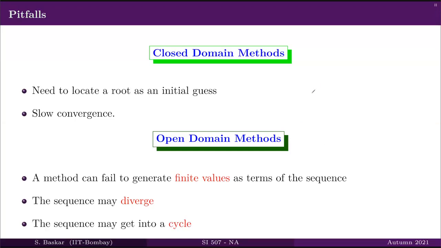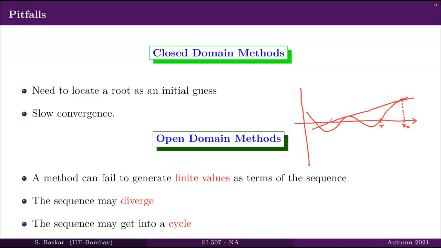Sometimes you want a specific root of your equation, and on the other hand, your method may capture an entirely different root. Say, for instance, again take the Newton-Raphson method. Suppose you want to find a specific root, say this root, and assume that you have taken your x0 somewhere reasonably far from the root that you want, but not very far from it, but you land up getting a root which is much farther than your x0.